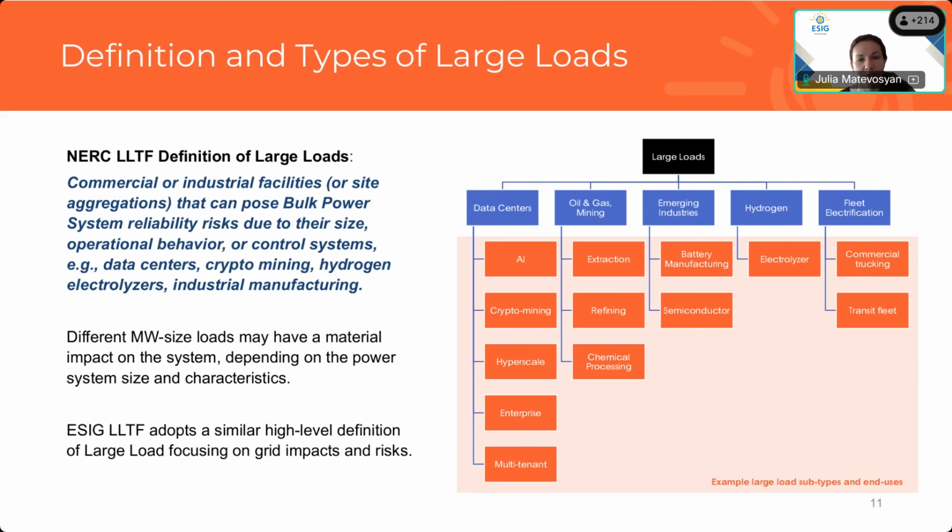So in the ESIG Large Load Task Force, we decided to adopt this high-level definition and focus more on impact than size. We also designated large load categories based on characteristics: data centers, oil and gas, mining, emerging industries, hydrogen, and fleet electrification.